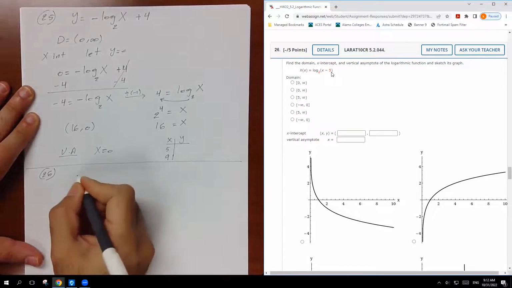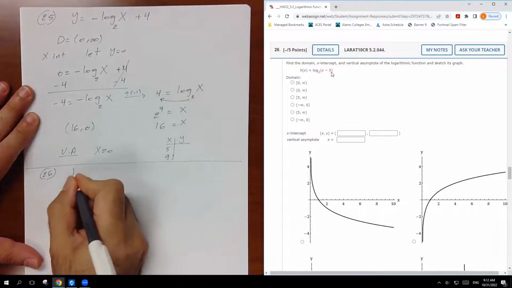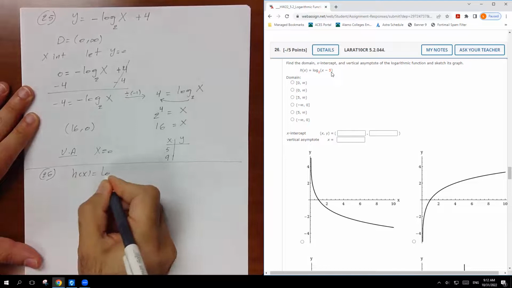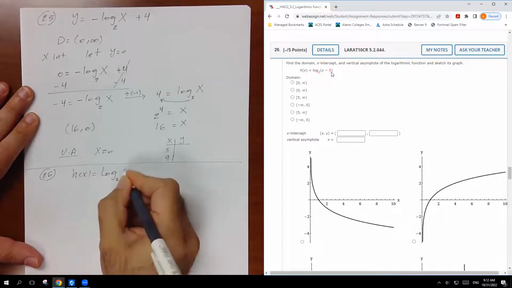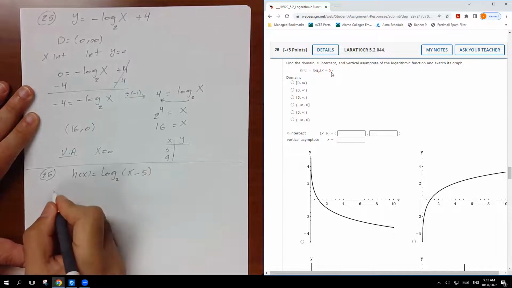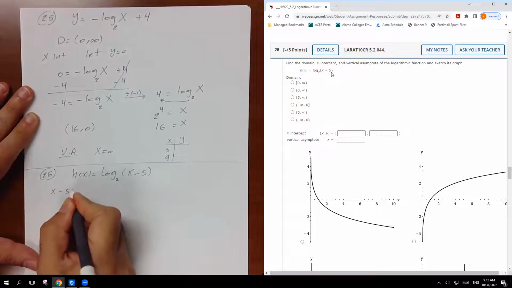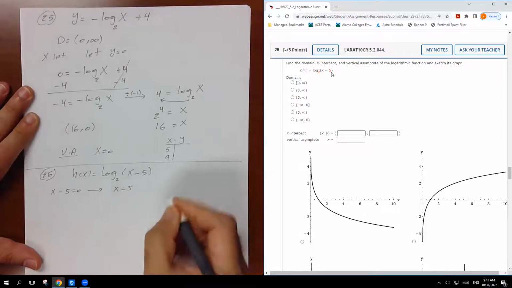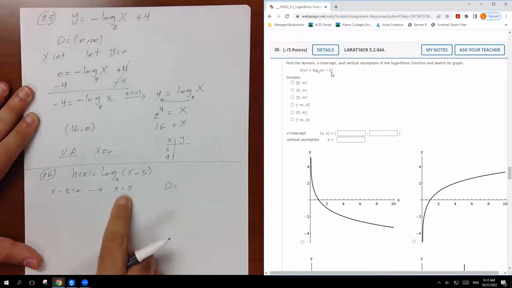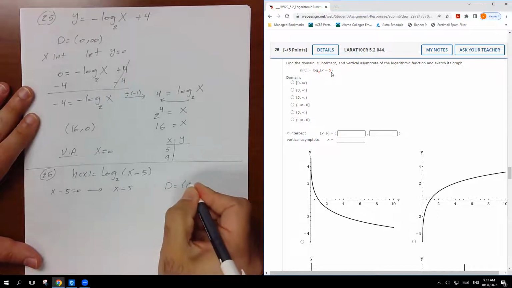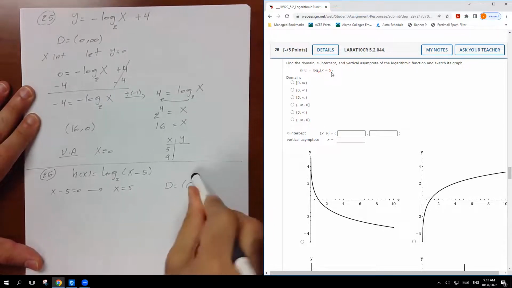So 26, h of x equals log to the base 2 of (x minus 5). That means I'm going to say x minus 5 equals 0, so x equals 5. So my domain is going to be from this point, which means I can't use 5, from 5 to infinity.